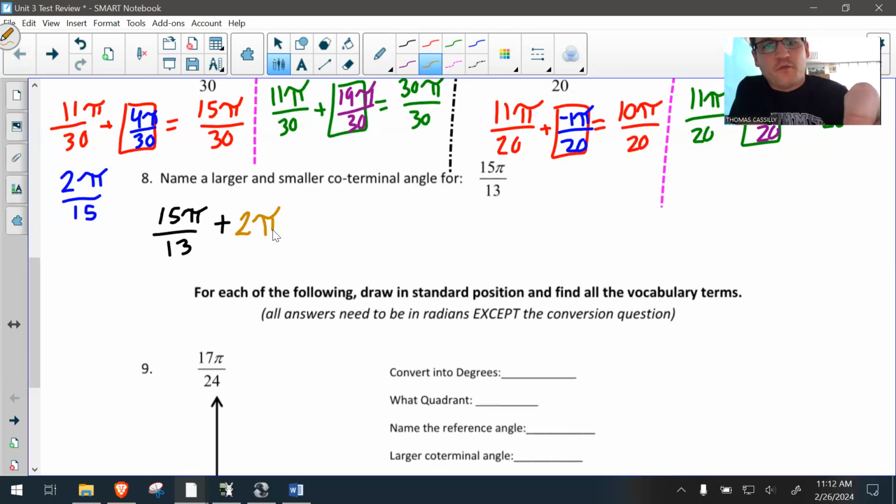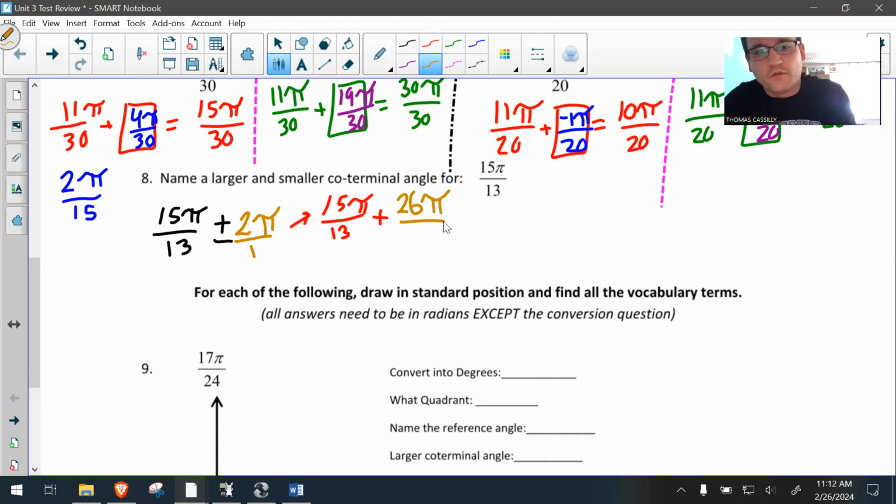And to figure out the smaller one, you just need to subtract 2 pi. So if we just kind of split this up, we're going to say 15 pi over 13 plus, so instead of saying 2 pi, I can call this 2 pi over 1, get that common denominator here because we are adding fractions. Let's go ahead and call that 26 pi over 13.